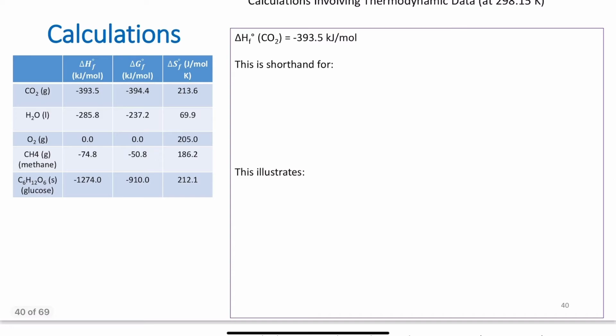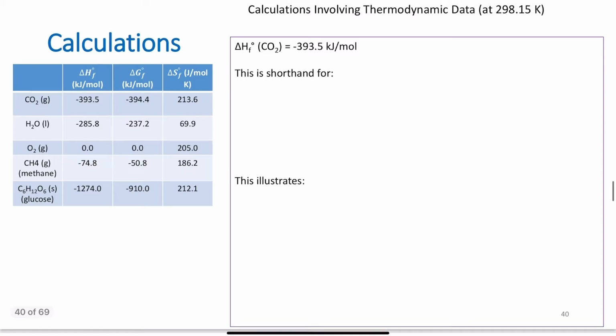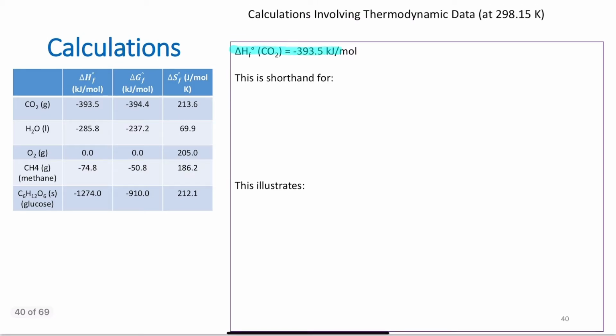So let's look at this example. Calculations involving thermodynamic data at 298.15 K. We've got a table here of delta H formation, delta S formation, delta G formation values. It says delta H formation, CO2 is negative 393.5 kilojoules per mole. What does this really mean?